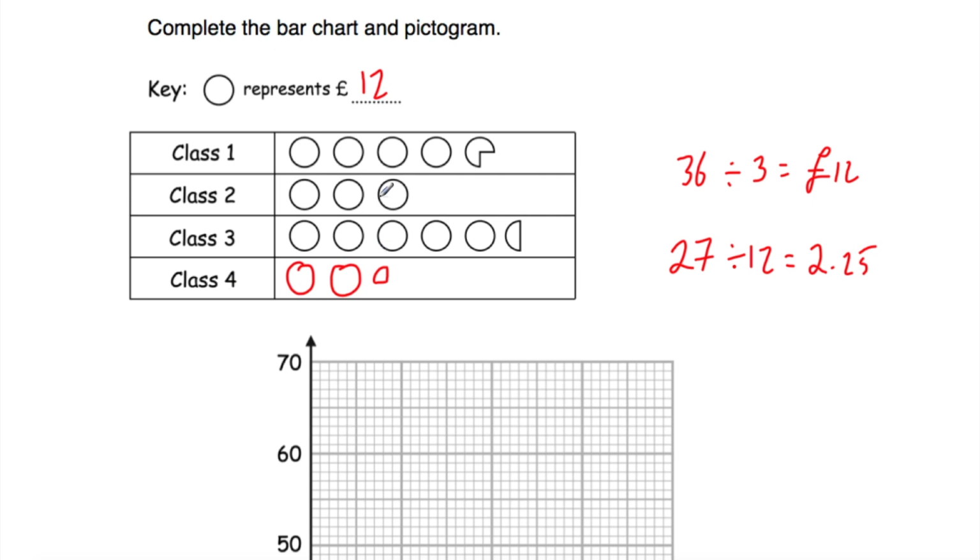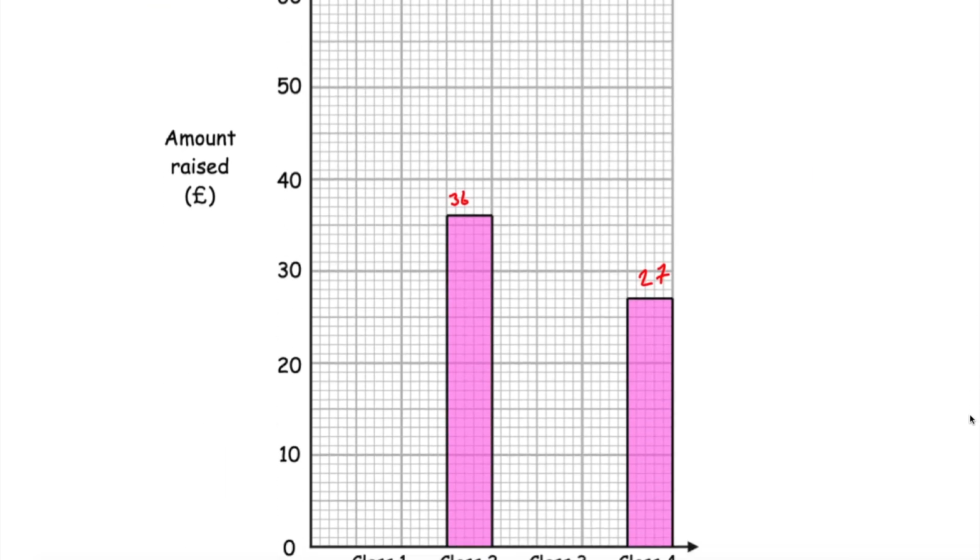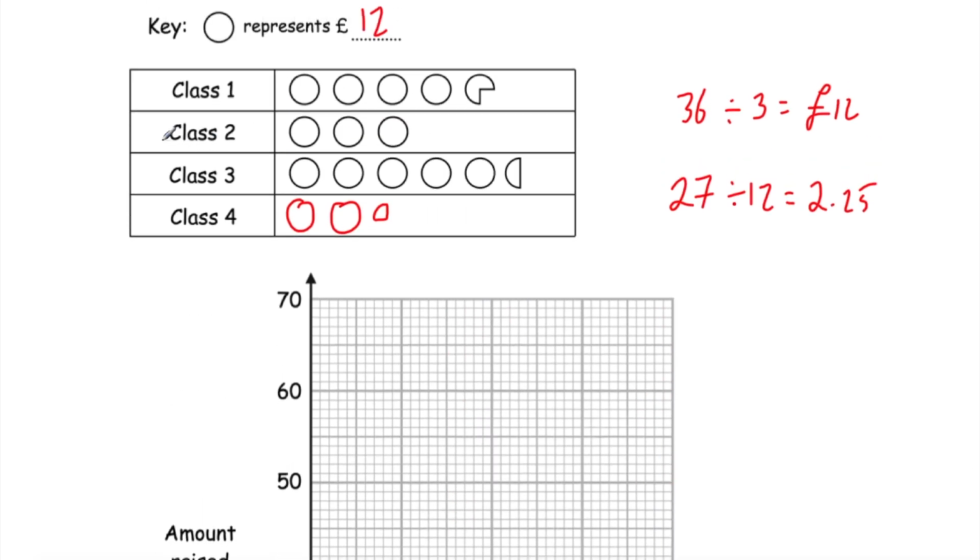Now we need to complete the bar chart. So if we have a look at the bar chart, we've done class 2 and class 4. So we now need to draw the bars for class 1 and class 3. So we need to know how much money they raised. So in terms of class 3, they've got 1, 2, 3, 4, 5.5 circles. So if we take £12 and we multiply that by 5.5, that'll tell us how much money this is worth.